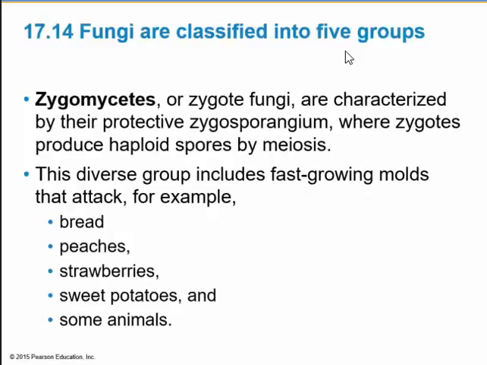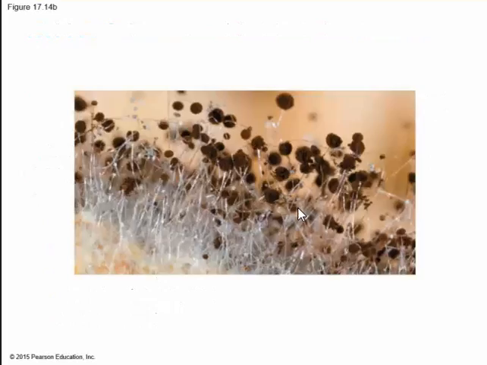They house their zygotes in a zygosporangium. The zygotes will undergo meiosis, produce haploid spores. The black bread mold also attacks peaches, strawberries, sweet potatoes, and causes disease in some animals. Rhizopus stolonifer, black bread mold.